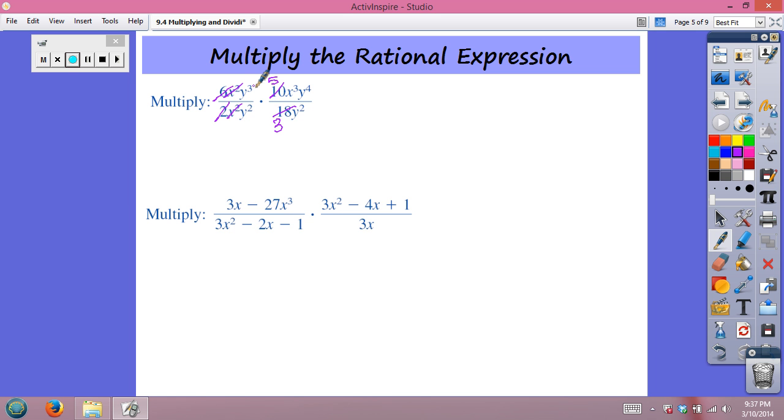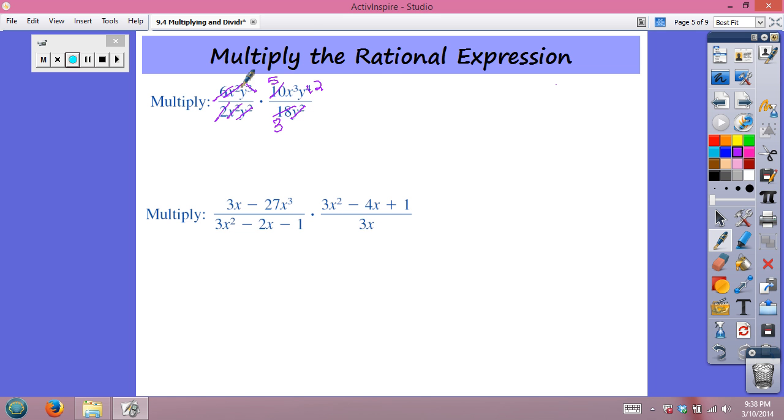Here we have y squared and y cubed, so we can take 2 out of the top and just be left with 1y. Here we have y to the fourth and y squared, so we can cancel these 2 from the bottom and we're just left with 2 on the top.